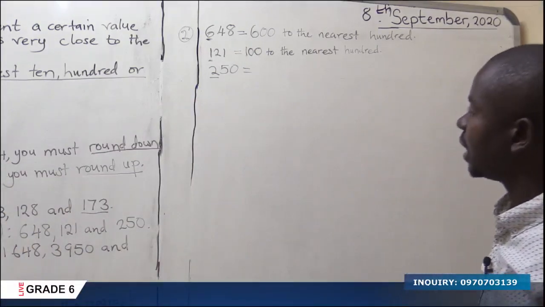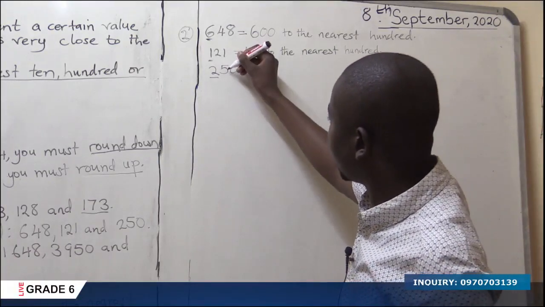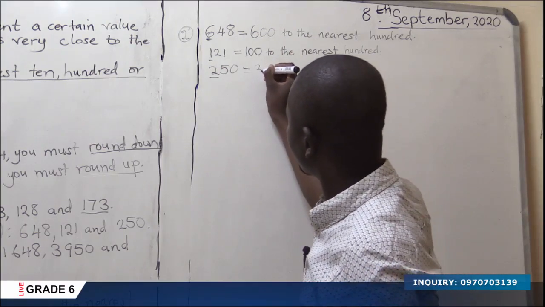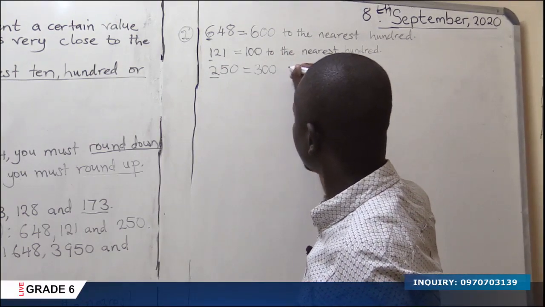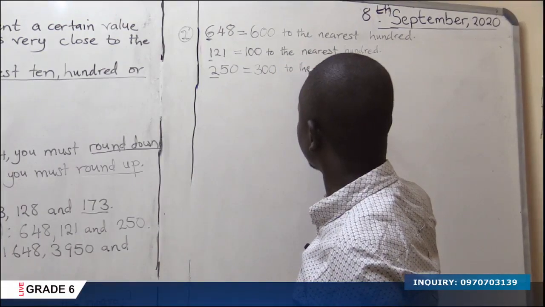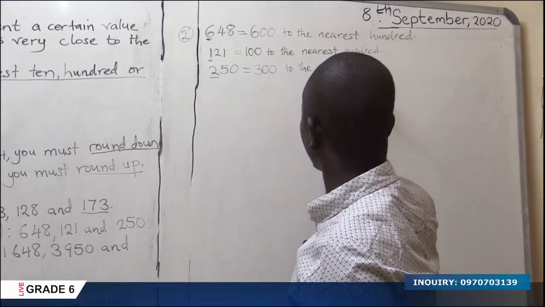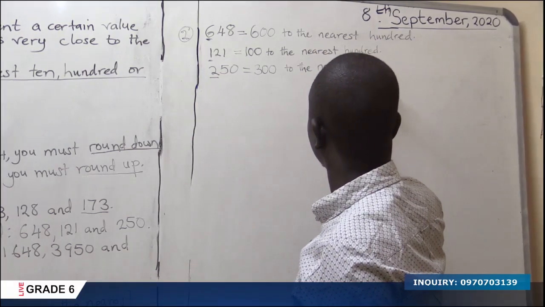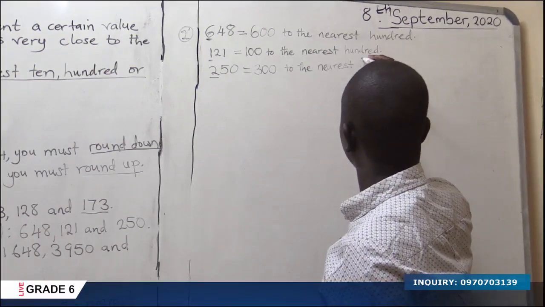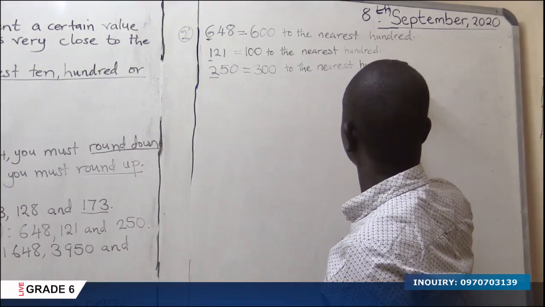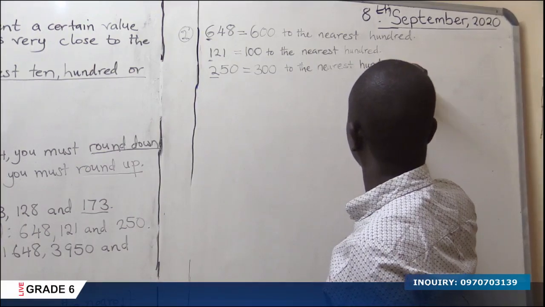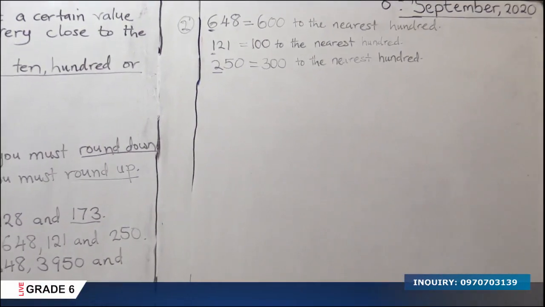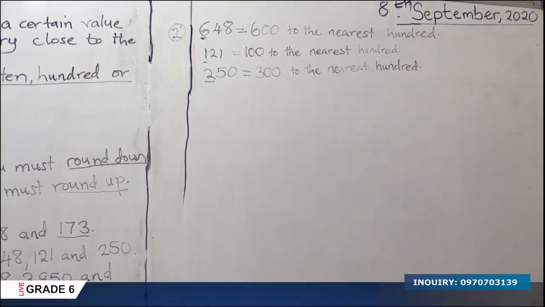So you get a 1 from 5, you put it on 2, it becomes 3. So it will be 300 to the nearest 100.